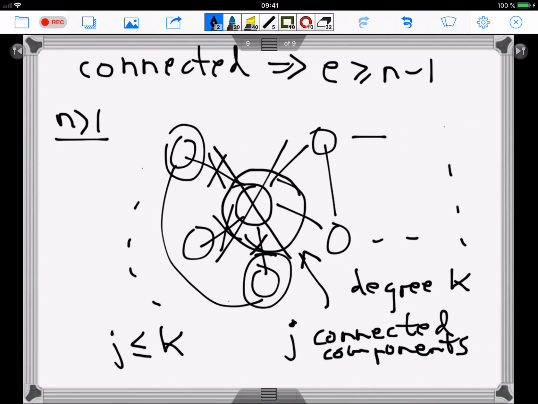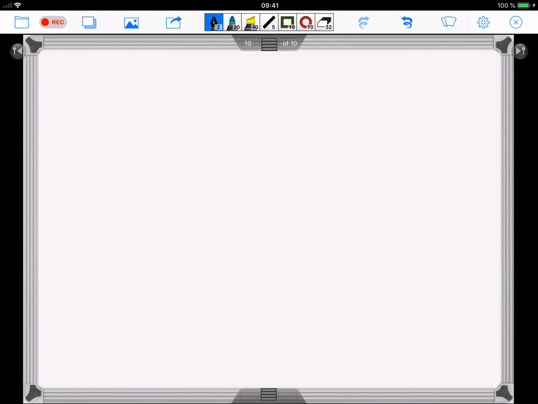Okay, so I'm going to have j different graphs which are connected, and each of them has n sub i vertices and e sub i edges. Okay, and we know, let me do it in another whiteboard.